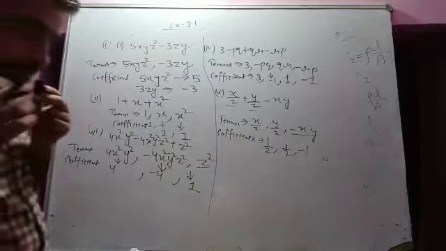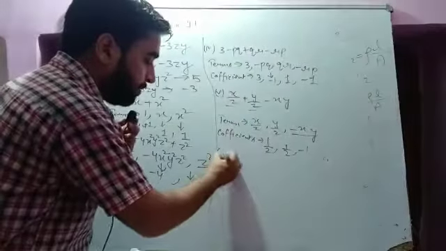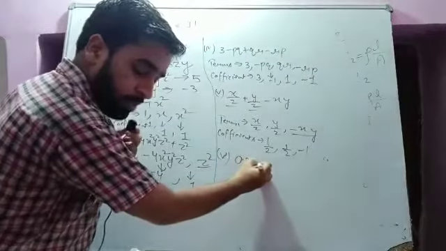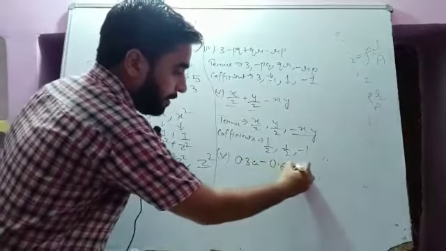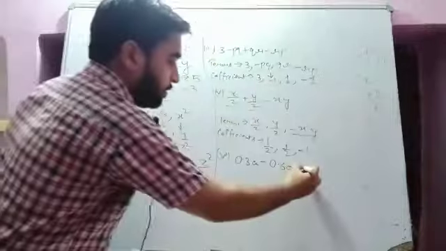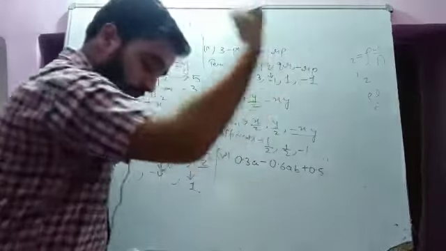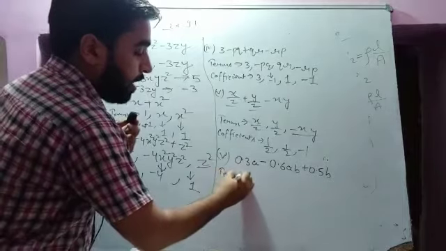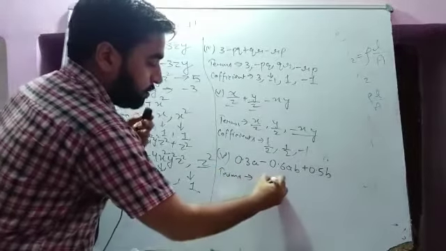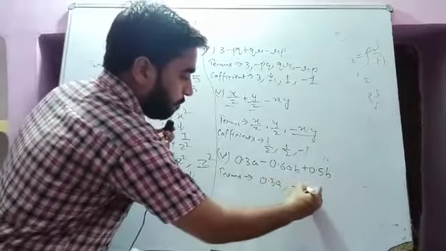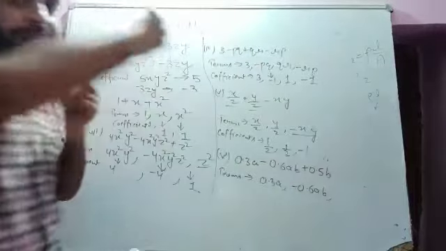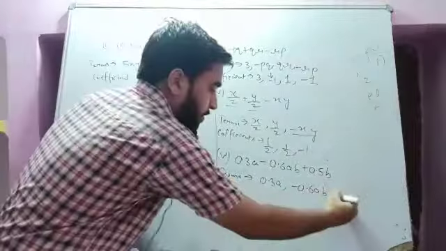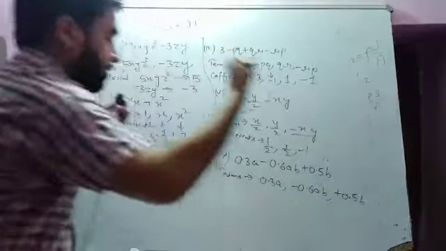Now let us go for the sixth part of this question. 0.3a minus 0.6ab plus 0.5b. So how many terms are there? There are a total of 3 terms. 0.3a is one term, minus 0.6ab is another term, and plus 0.5b is another term.